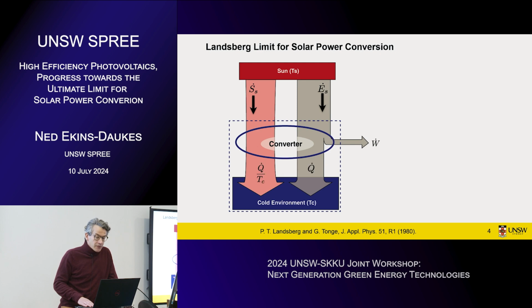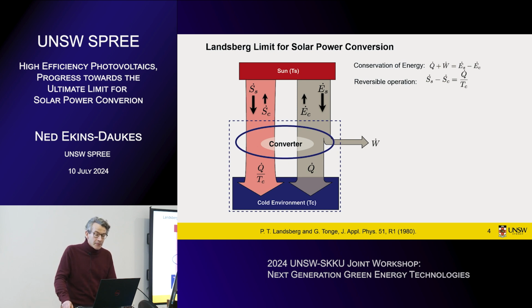And so the first person to really do this properly was Peter Landsberg. So he looked at the energy and entropy fluxes that you'd expect from a radiant source like the sun. And then he said, you've got some converter that's at some temperature. So of course, if it's at some temperature, it's radiating back towards the sun with some energy and entropy flux. And so then we can write down some laws of thermodynamics, conservation of energy, and reversible operation.